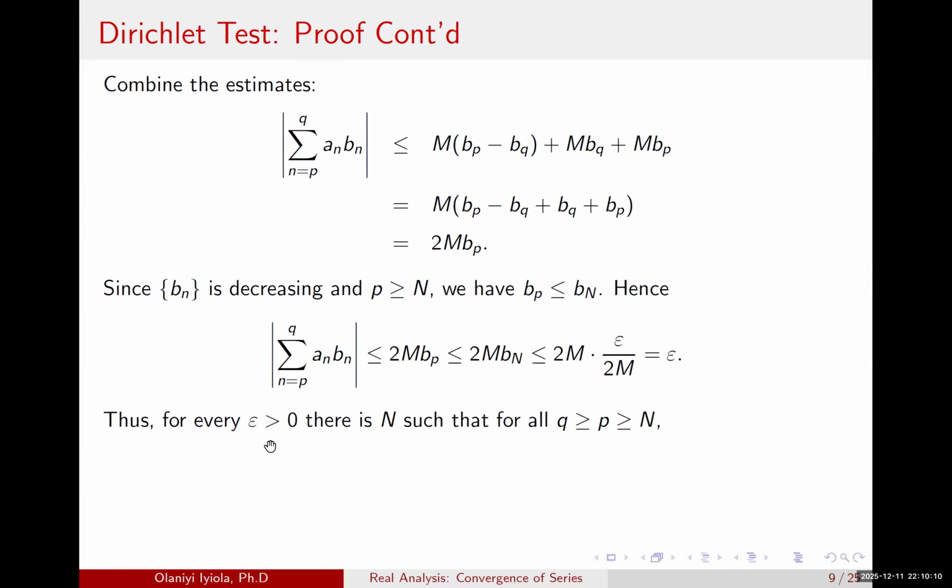All right, so for every epsilon, there is this N such that for all q bigger than or equal to p bigger than or equal to N, the absolute value of this series is less than or equal to epsilon.